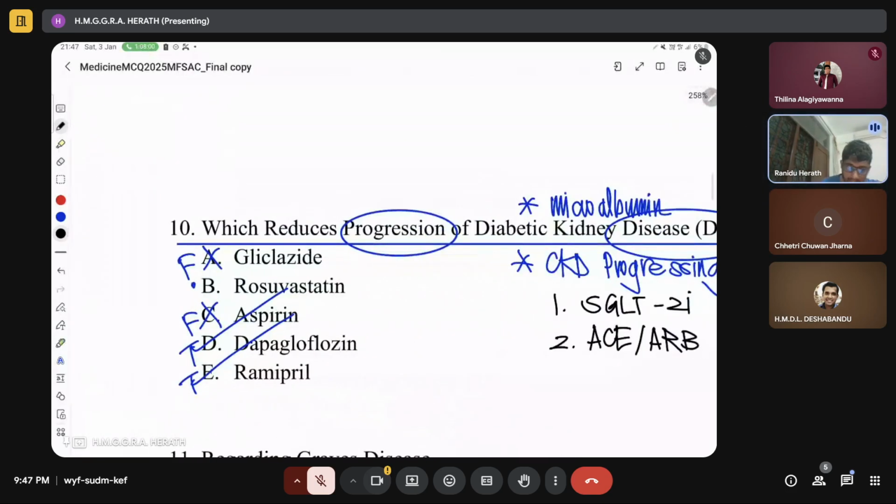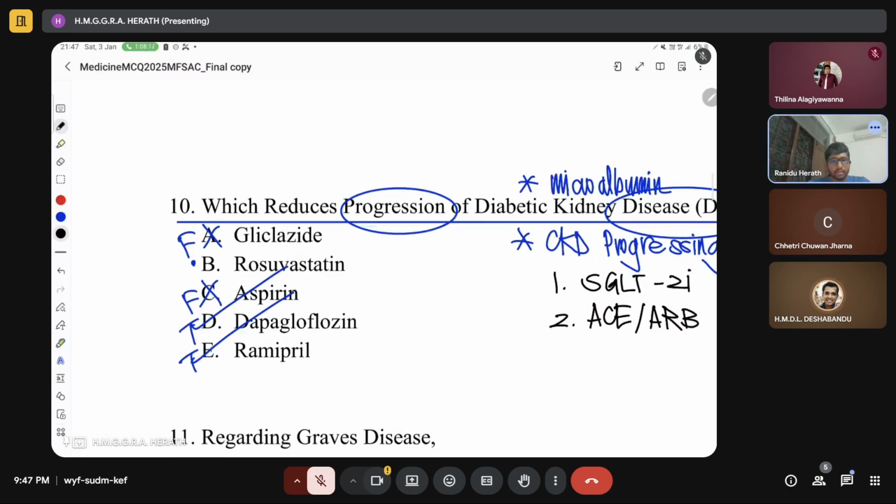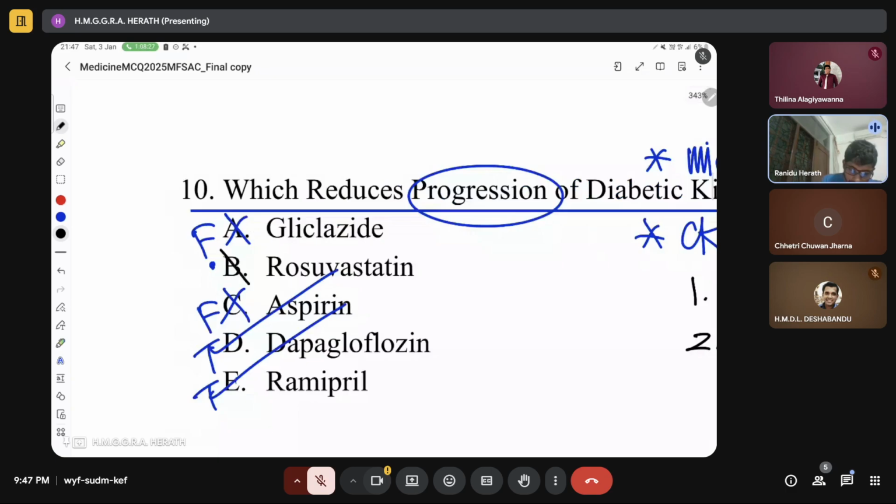Regarding rosuvastatin, there is contradictory evidence about it reducing CKD progression, so it is a bit problematic. So this can be taken as false.